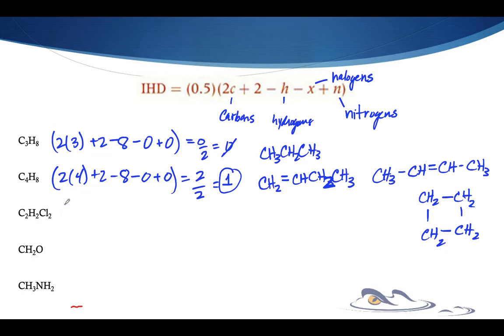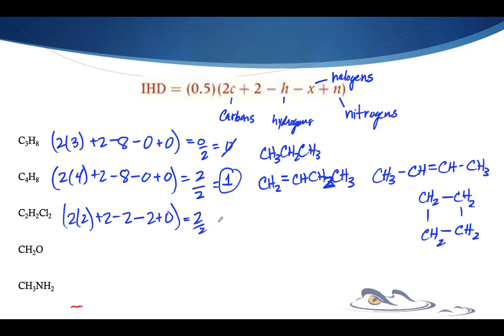So I've got 2 times 2 carbons plus 2 minus 2, and then this one I have 2 chlorines in it, right? So minus 2, those are the halogens, and plus 0. So when I add this together, I got 2 times 2 is 4, plus 2 is 6, minus 2 is 4, minus 2 more is 2.